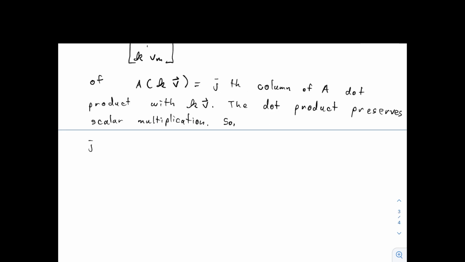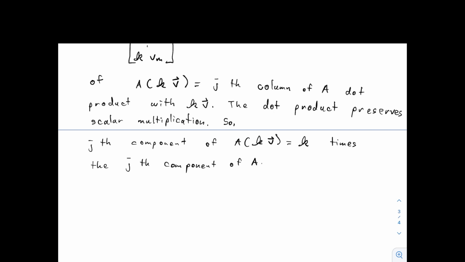So the jth component of A times kv is k times the jth component of Av, demonstrating that scalar multiplication is preserved.